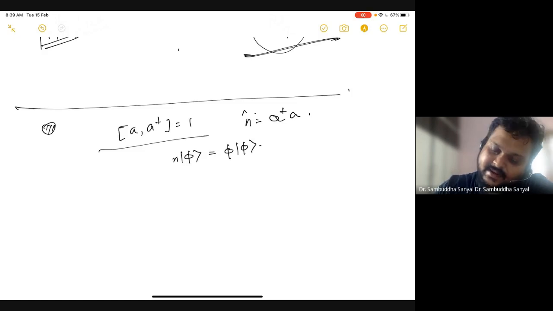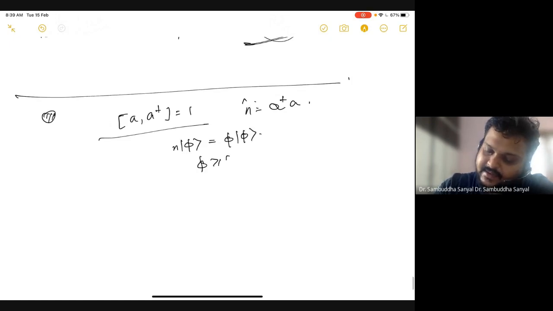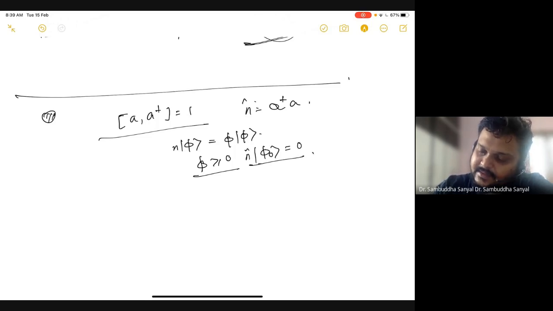If that exists, then phi must be greater than or equal to 0, and if I call this state phi 0, with n phi 0 equal to 0, then there must be a state which gives me this.